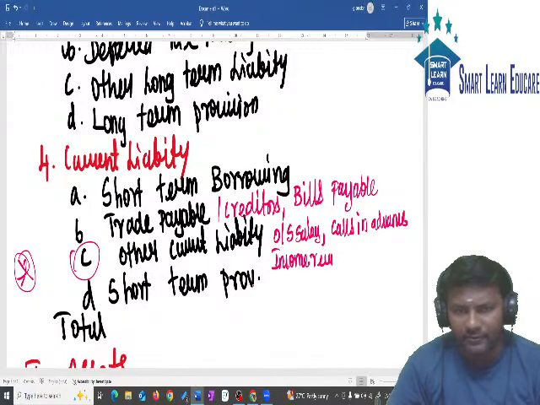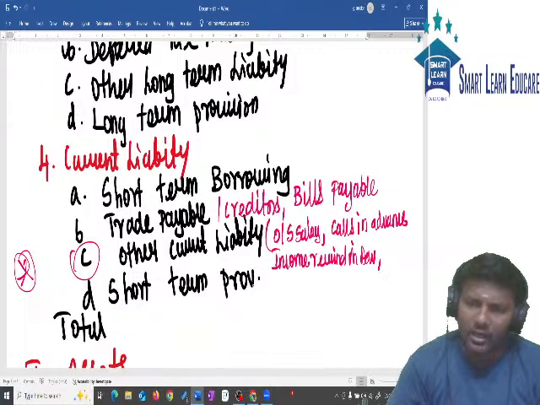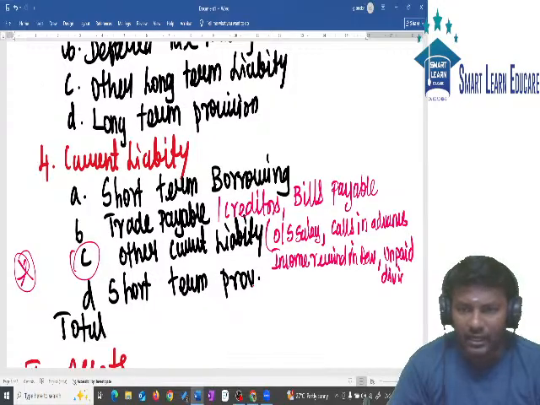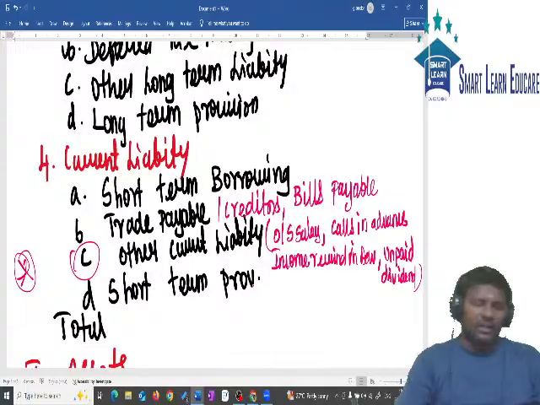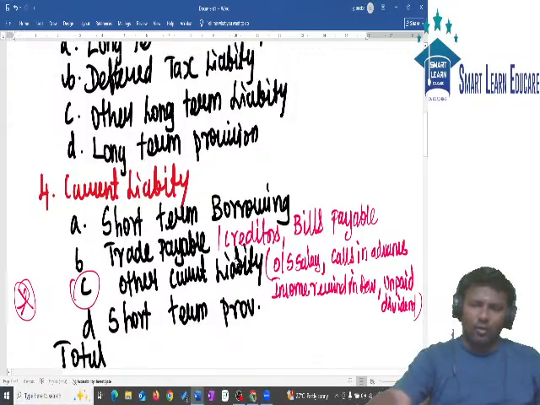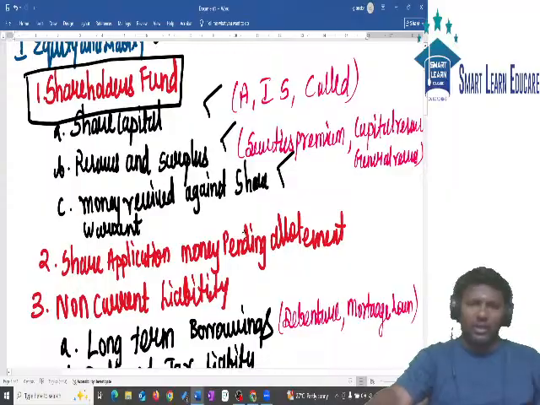All these come under this. Unpaid dividend: dividend not yet paid is called unpaid dividend. All these come under other current liability. First I have given the format. After that I told some important things that come very frequently.